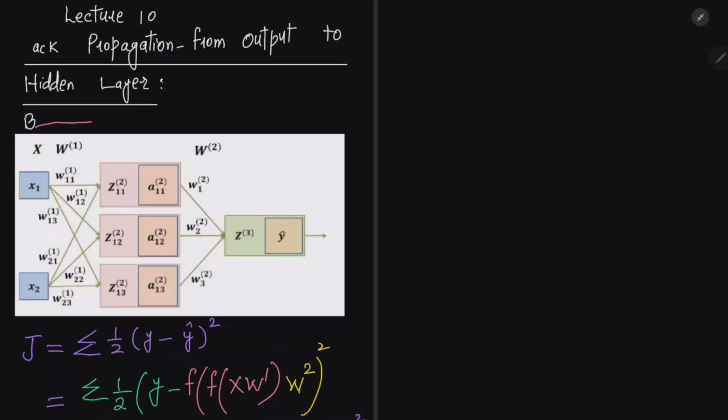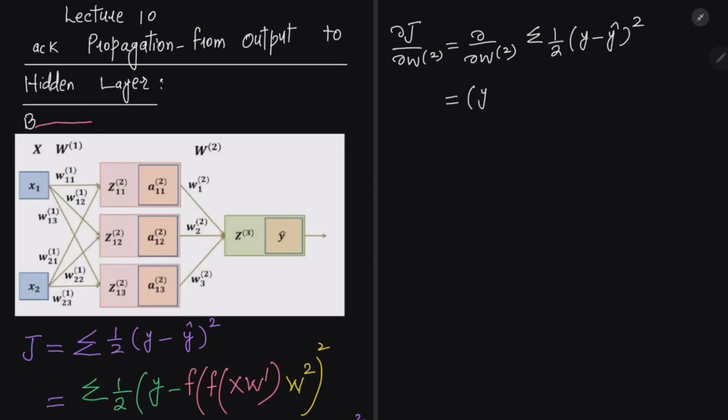Now we differentiate this again with respect to w2 and w1. Okay, J with respect to w2, and that will be equal to partial by partial w2 summation 1 by 2 (y minus y hat) whole square.